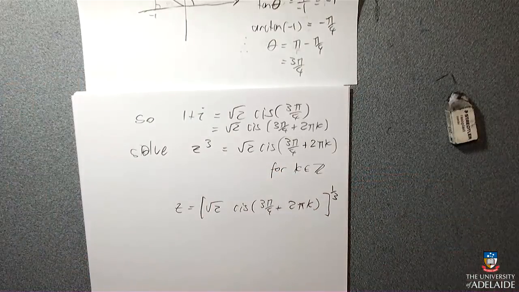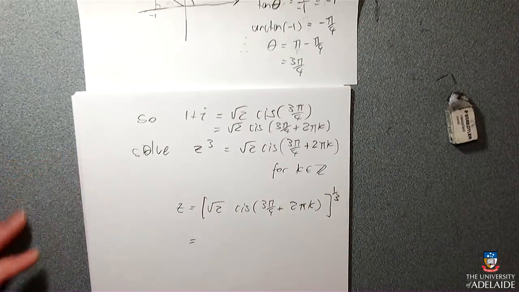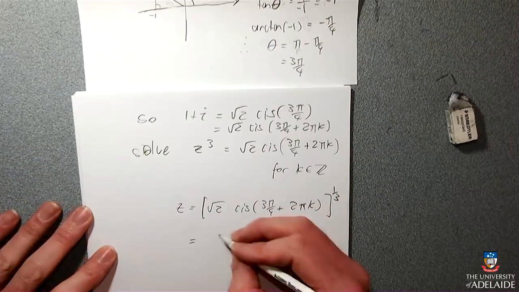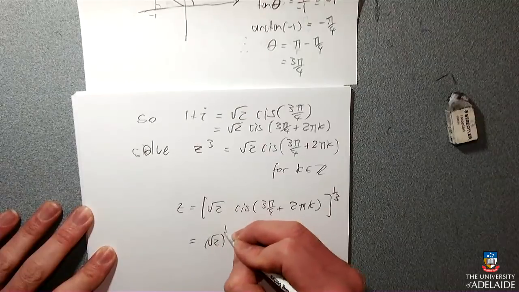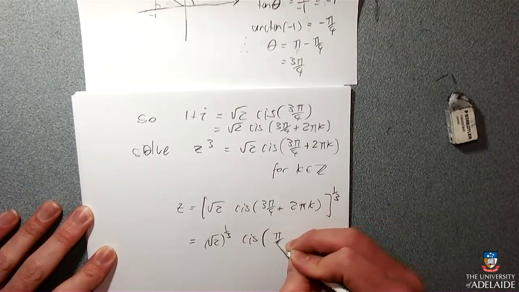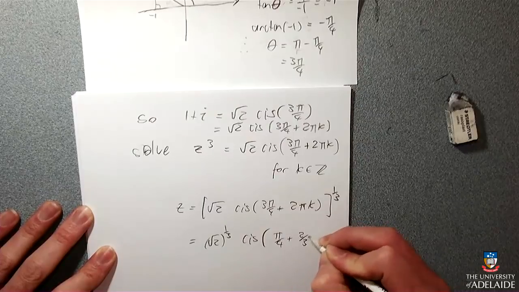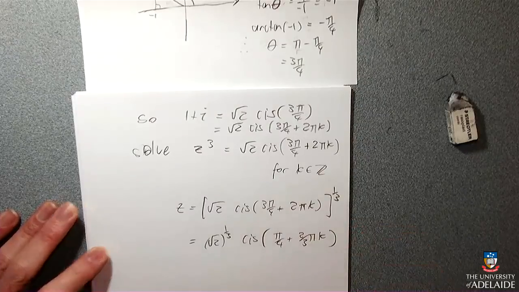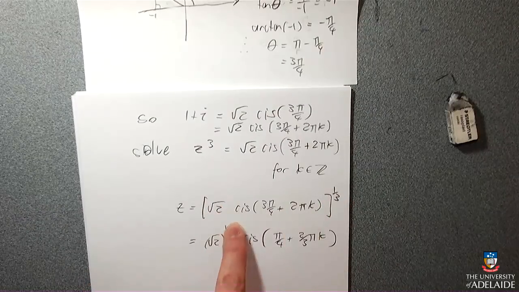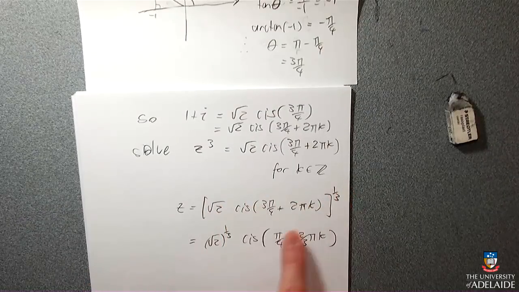So z will be that to the power of a third. That gets rid of the power of 3. And I'm using de Moivre's theorem now. So when this to that power is this to the third, and cis to the power of a third is a third times this.